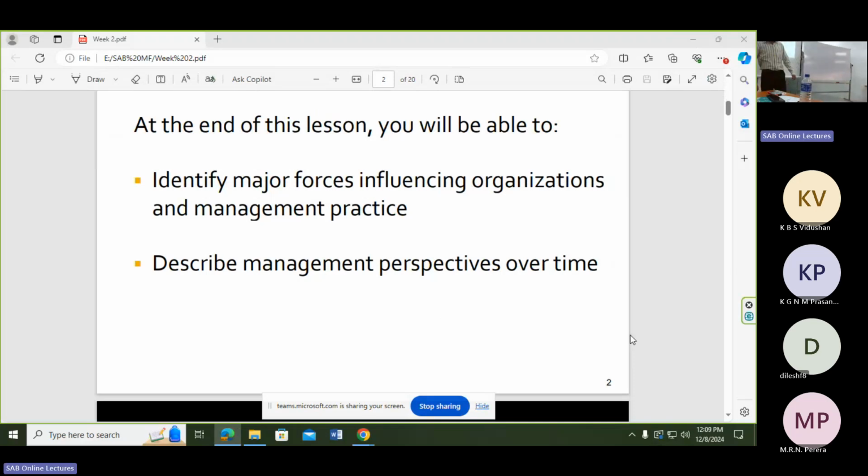After that, we will try to understand how these concepts evolve over time in different classifications. But for anything, there should be a reason or need. That is the influence of forces affecting from the environment. The environment is another lesson, the next lesson. Here we will identify only the major 3-4 forces, but all 6 might be affecting.